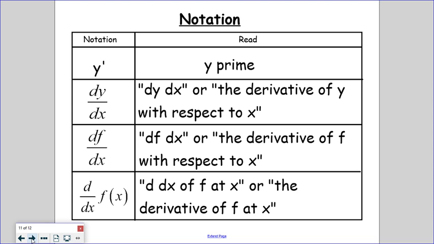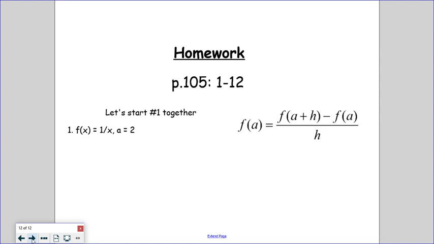I will come back to this. If you are still working on writing this down, I will come back to this page after we get our assignment started. Okay, so your assignment is on page 105.